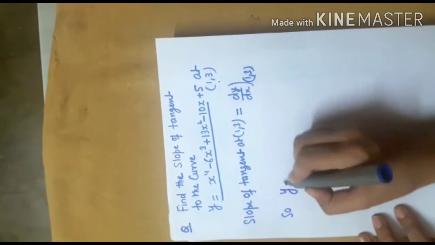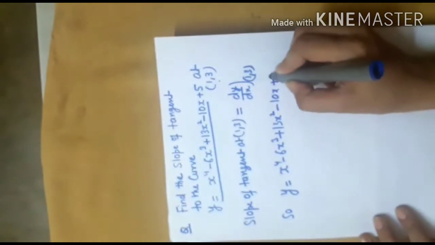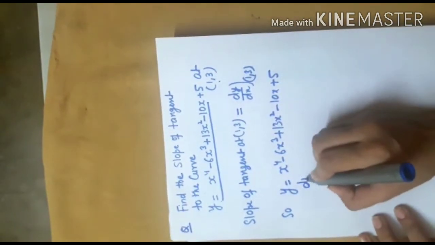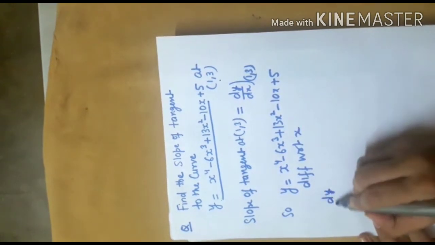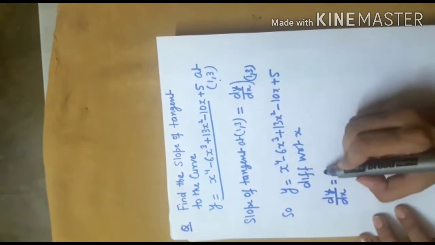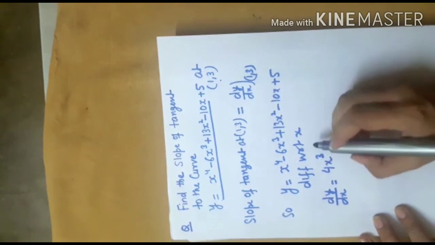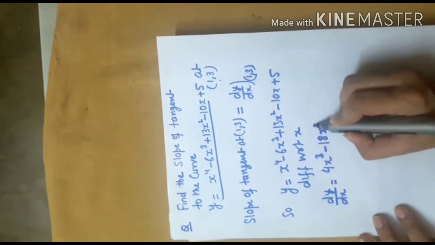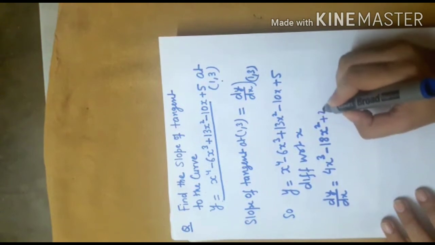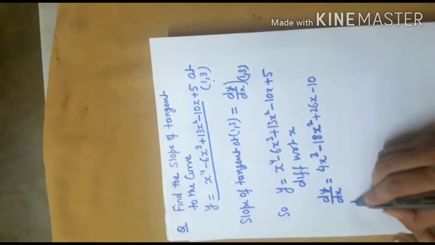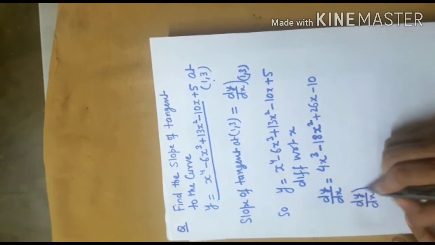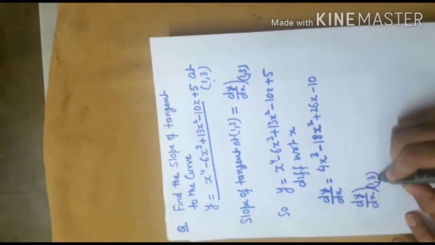So y equals to this minus 10x plus 5. Differentiate with respect to x. I'll get dy by dx. It is 4x cube, 18x square plus 26x minus 10. Now derivative at the point 1, 3.